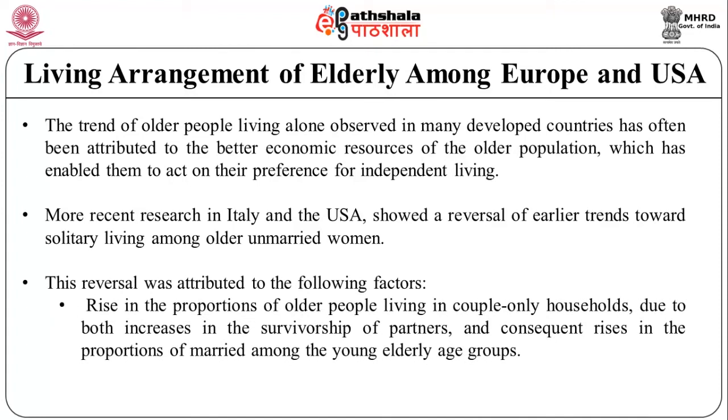Firstly, rise in the proportion of older people living in couple only households due to both increases in the survivorship of partners and consequent rises in the proportions of married among the young elderly age groups.